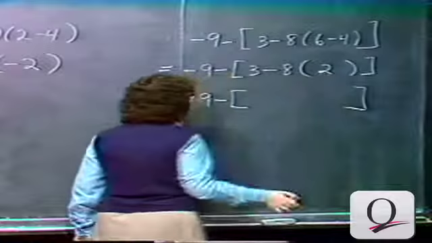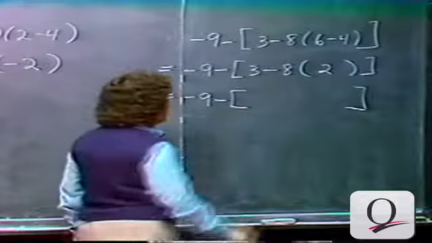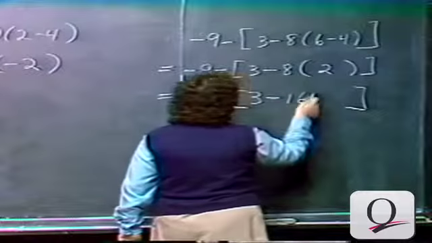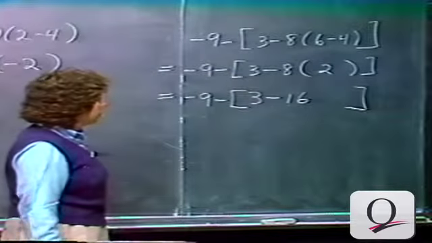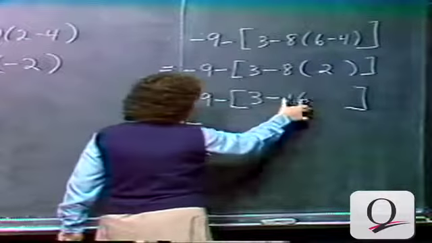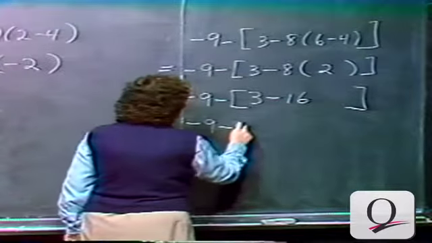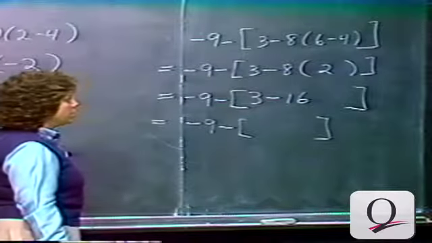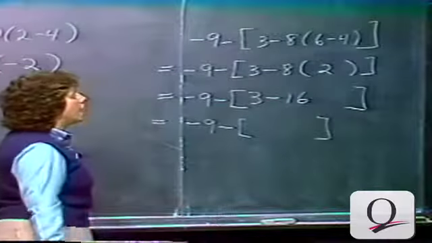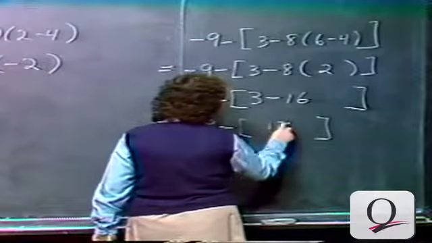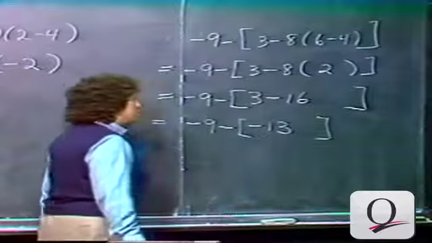Within the grouping symbol, order of operations holds, and the multiplication has to precede the subtraction. So we get 3 minus 16 in there. Take away now. 3 minus 16 plus 3, take away plus 16 is plus 3 and the minus 16, so we subtract. 16 take away 3 is 13, and we prefix with the minus sign.